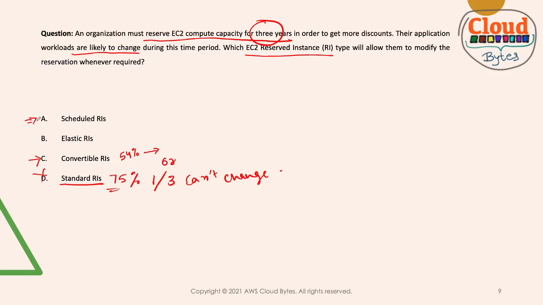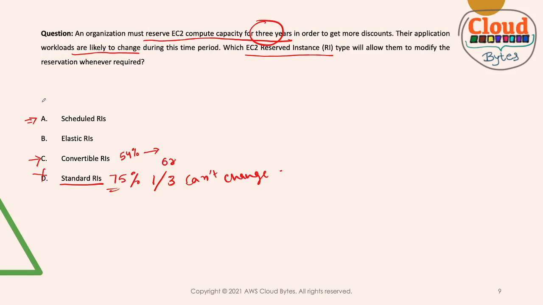Scheduled RI. Scheduled RI are instances that are launched within a time window that you have reserved. This option allows you to match your capacity reservation to a predictable recurring schedule that only requires maybe an hour or a couple of hours of a day or a week or a month.